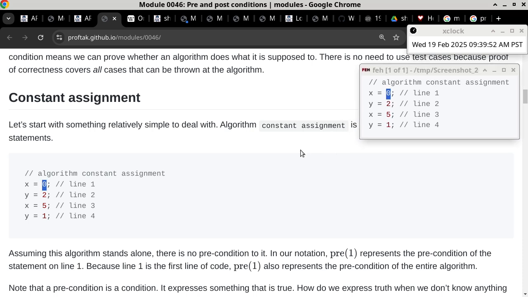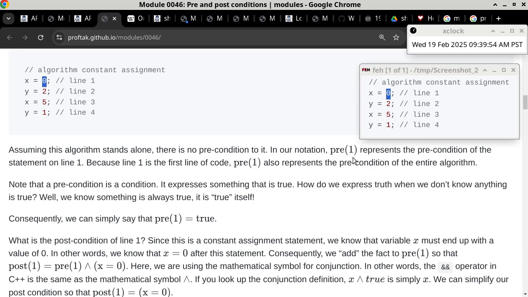This particular notation, pre-1, is trying to say what is the precondition of line 1? In other words, what do we know for sure before line 1 executes? Most of the time, I would tell you nothing about the variables. In a trace, the pre-line would be all question marks. So now the question is, what is going to be true when we don't know anything?